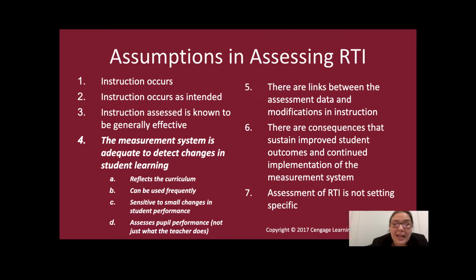Assessment needs to be linked to a form of collecting data, so a measurement system that can detect change in student learning. This is frequent progress monitoring, and you want to make sure that things are written in a very specific manner when we're measuring student learning goals so that we can see even the small amounts of progress.